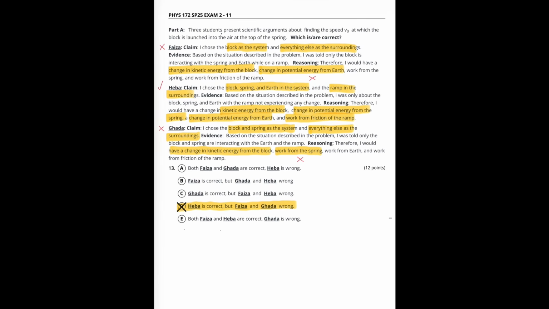And we can say from the statement that the change in kinetic energy in our block plus change in potential energy of our spring plus a change in potential energy from the earth is equal to our work done by the friction or ramp.